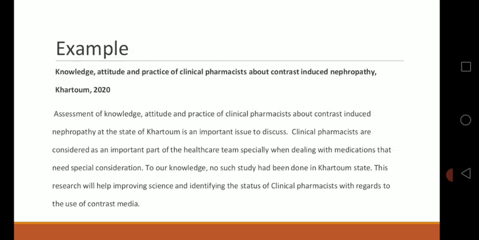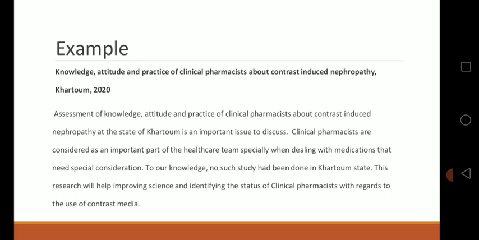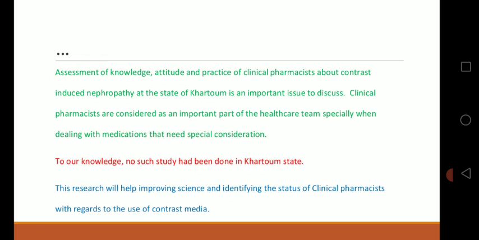Let's see whether we did these things in this previous justification of the research. Let's see if these three parts are mentioned. The first part we wrote in the justification: assessment of knowledge, attitude, and practice of clinical pharmacists about contrast-induced nephropathy at the state of Khartoum is important. The purpose of my research is that I want to do this assessment of attitude and practice.